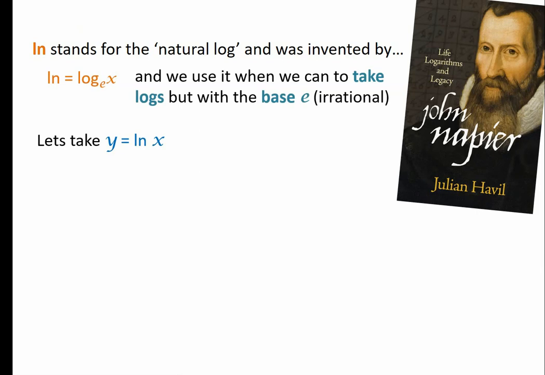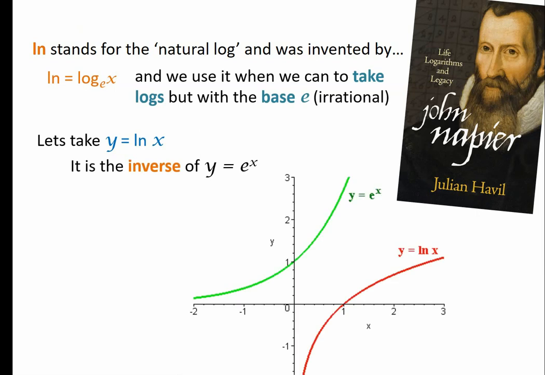So let's have a look at the graph of natural log of x. Well, log graphs are inverse to powers. So we've just looked at 2 to the x and 3 to the x. Now a log graph would be the inverse of that. So let's think about what I just told you about inverse graphs and what they're actually going to look like. And there you have it there. So e to the x is this green line here.